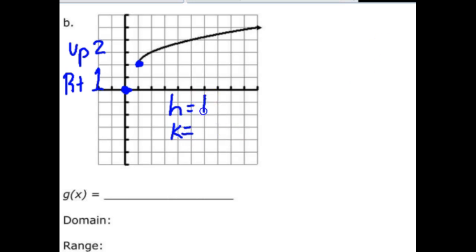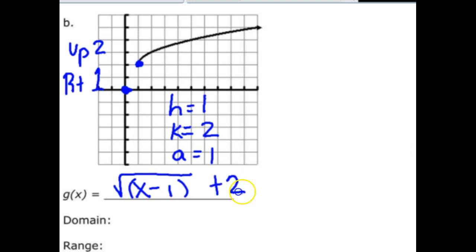The H is going to be 1, the K is 2, and the A is 1. So this is going to be the square root of x minus 1 plus 2. And the domain is going to be 1 and 2 to infinity. Goes to the infinity because of the arrow on the end.